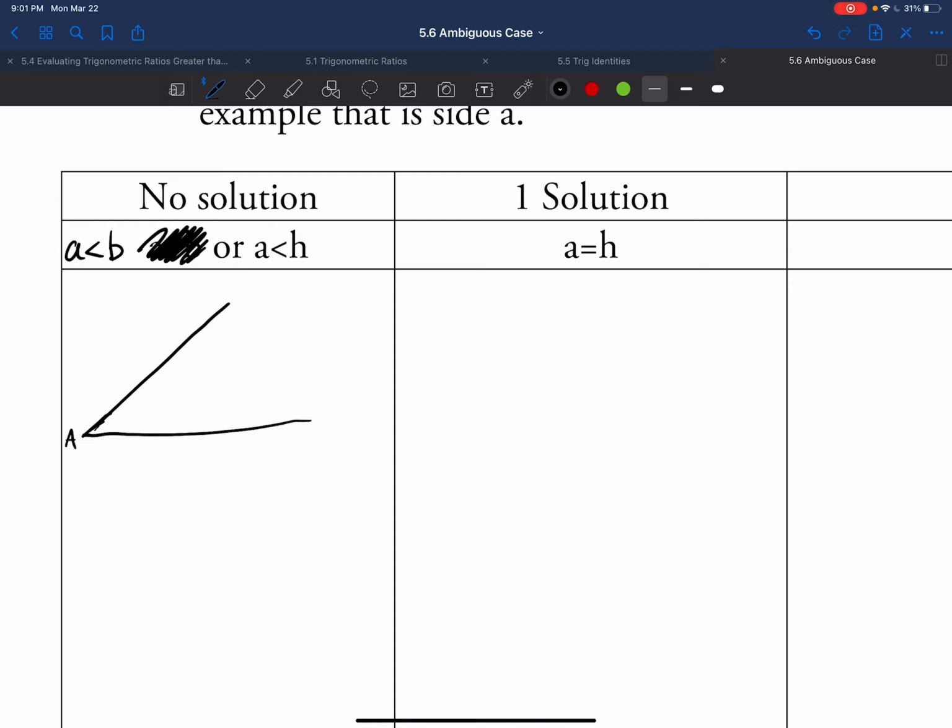So this is angle A, this is angle B, angle C. So if side A is less than side B, and this is H, the height.